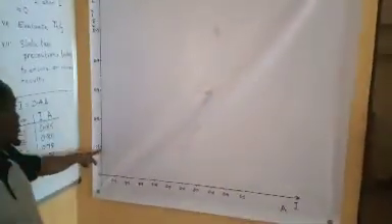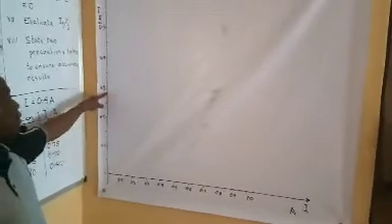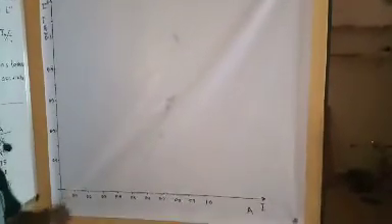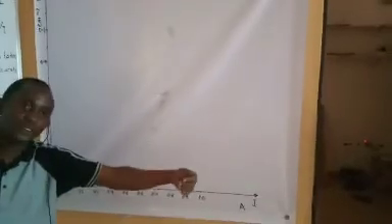I have 0.1, 0.2, 0.3, 0.4, 0.5. Okay? After getting that, you are now halfway done.